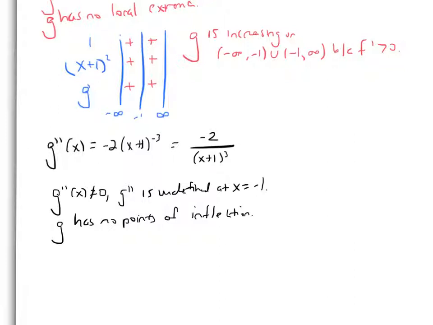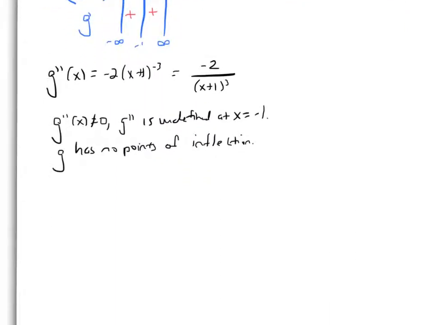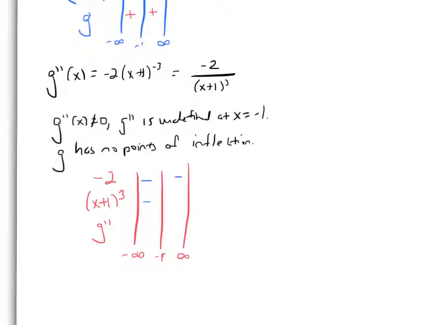But we still need to know about the concavity. So if we make a sign chart, we'll have a negative 2 and an x plus 1 cubed. We're going from negative infinity to negative 1 to infinity, negative, negative, and this will be a negative and then a positive, which means we go from concave up to concave down.